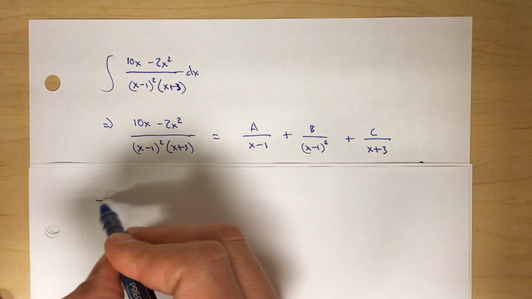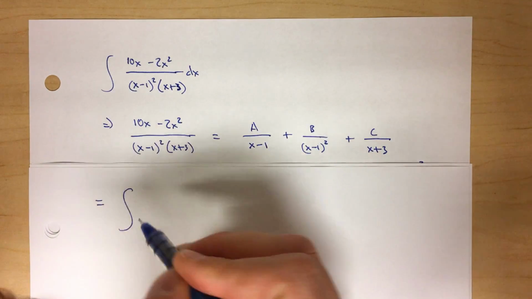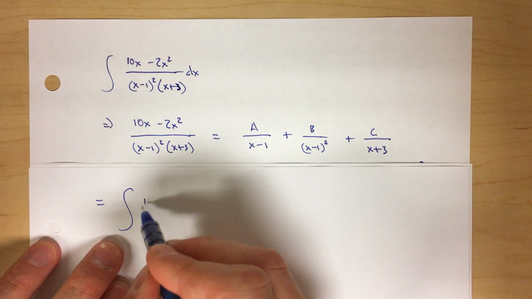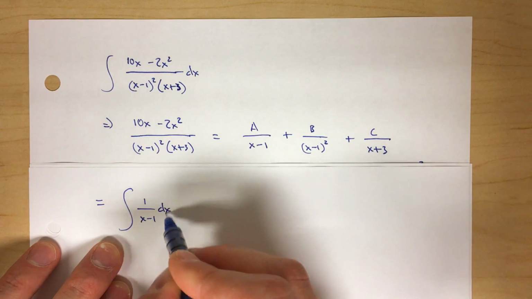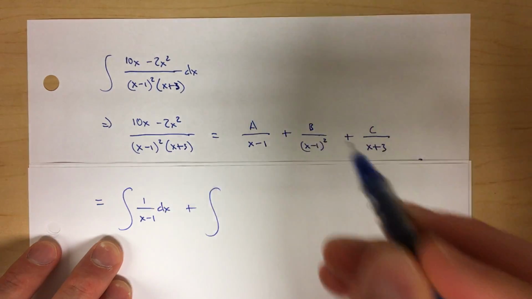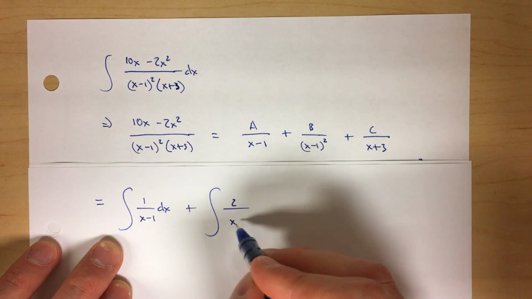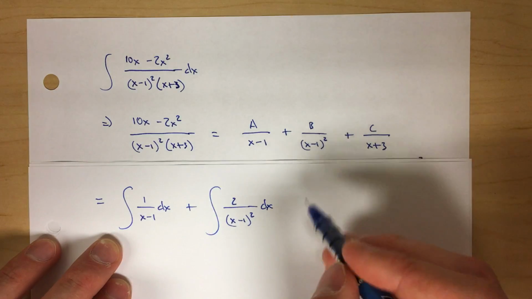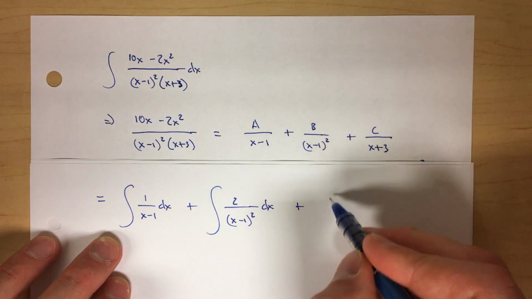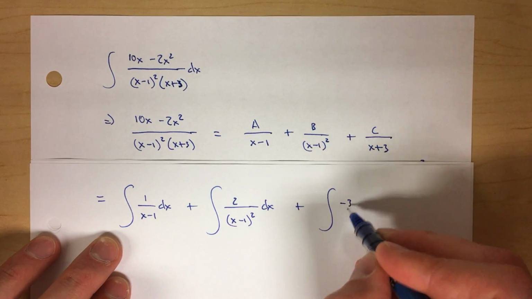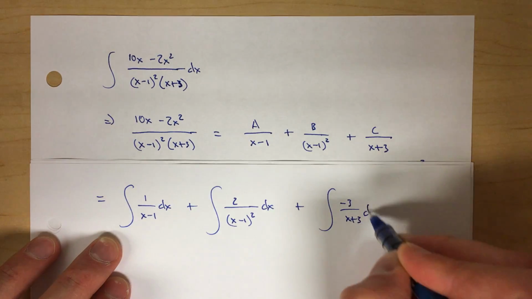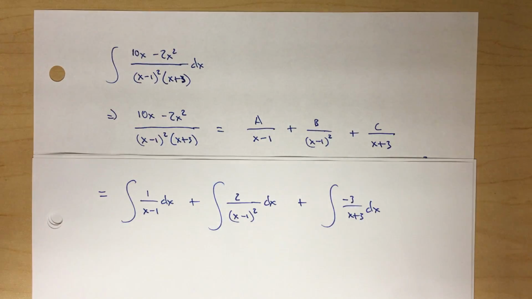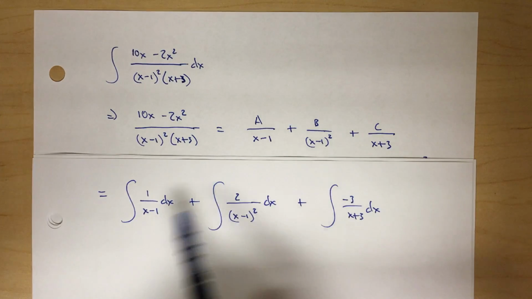So this becomes the antiderivative of a, which was 1 over x minus 1 dx, plus the antiderivative of b, which was 2 over x minus 1 squared dx, plus the antiderivative of c, which was negative 3 over x plus 3 dx. And now we have something that's a lot simpler.